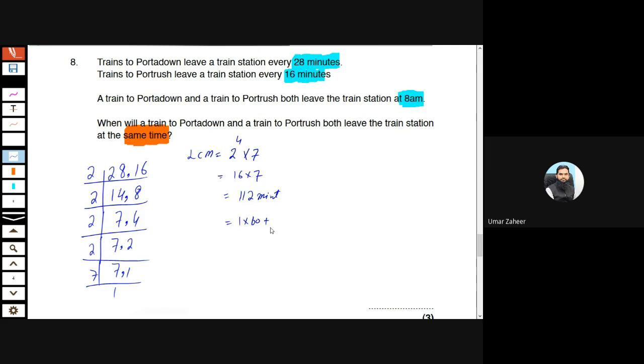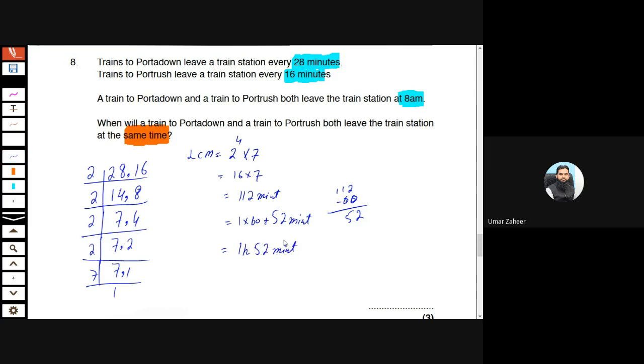Just subtract 112 minus 60, that is 52. So 112 minutes is 1 hour and 52 minutes.